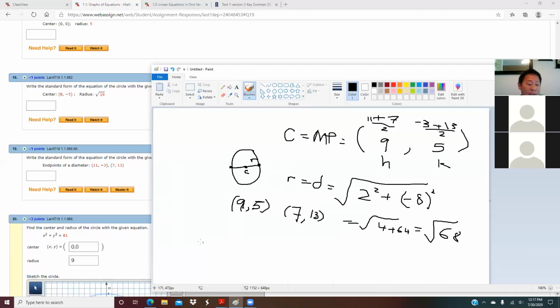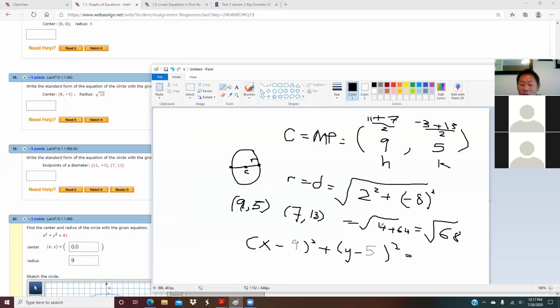So now you can write this in standard form. The standard form is (x minus h) squared plus (y minus k) squared equals r squared. We know our h is 9 and our k is 5, so we just put in 9 and 5.